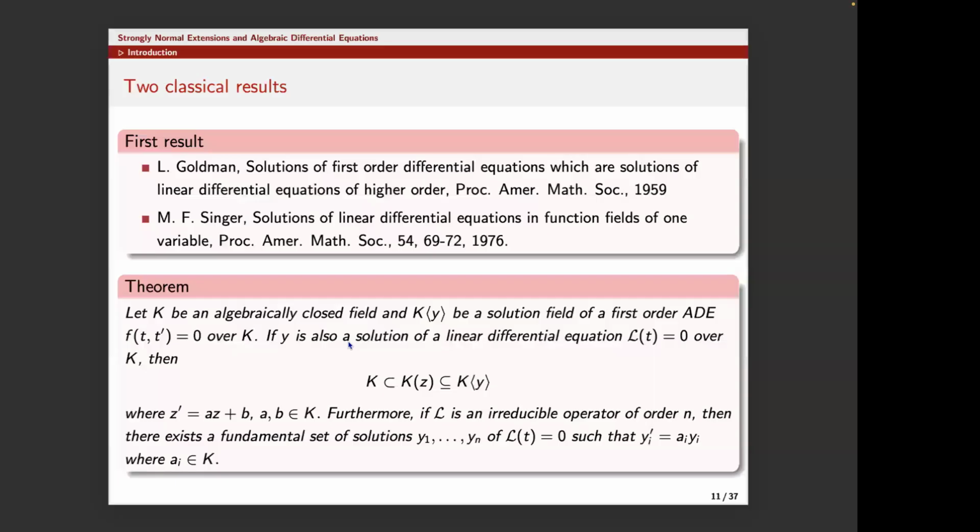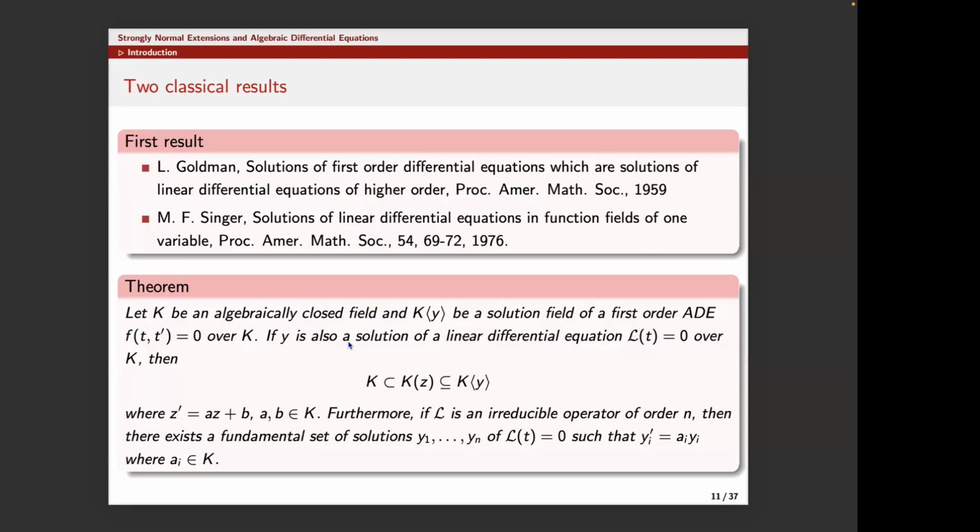If y is also a solution of a linear differential equation L(t) equal to 0 over K, then K contains K<z> contained in K<y>. So the solution field has a differential subfield K<z> where z satisfies either z' equal to a z, or z' equal to a z plus b, where a, b are in K.